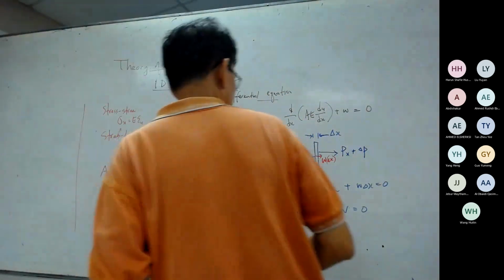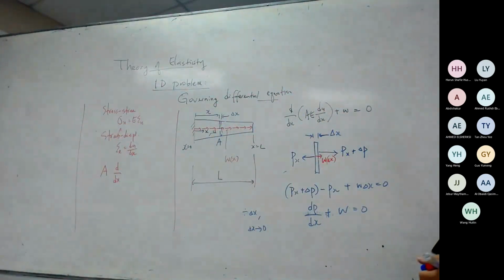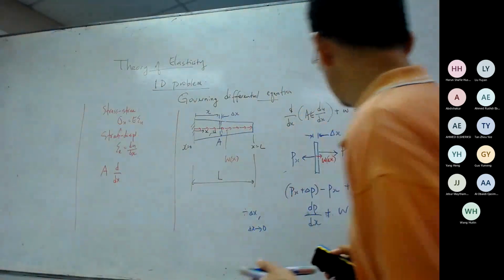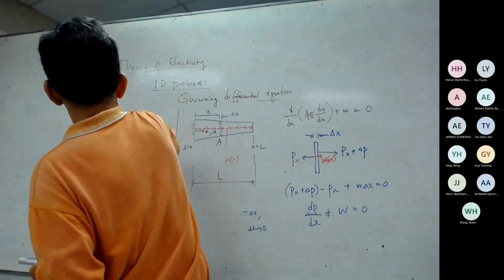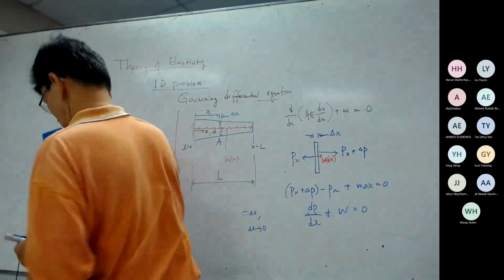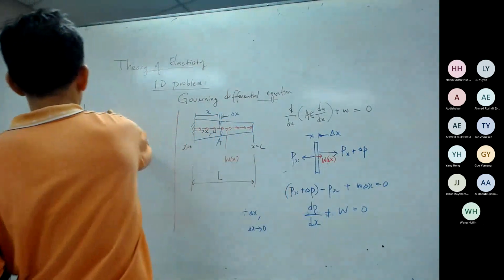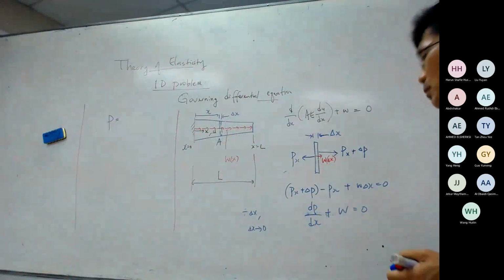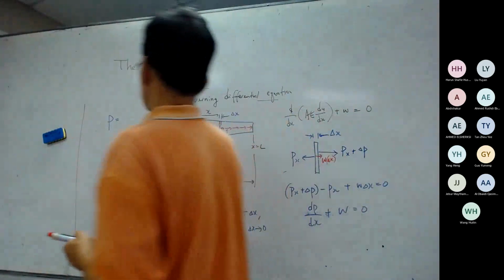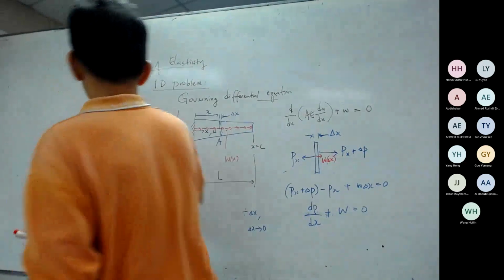And next, we can represent the P in terms of the forces. So next, we look at P here. We can represent this P in terms of A multiplied with the stress.